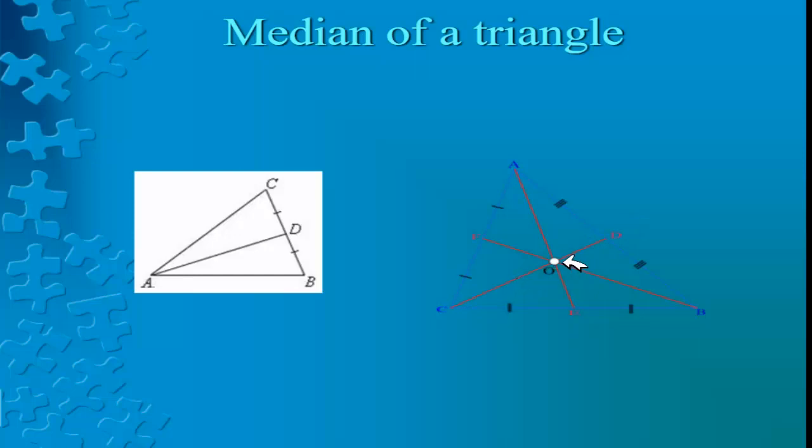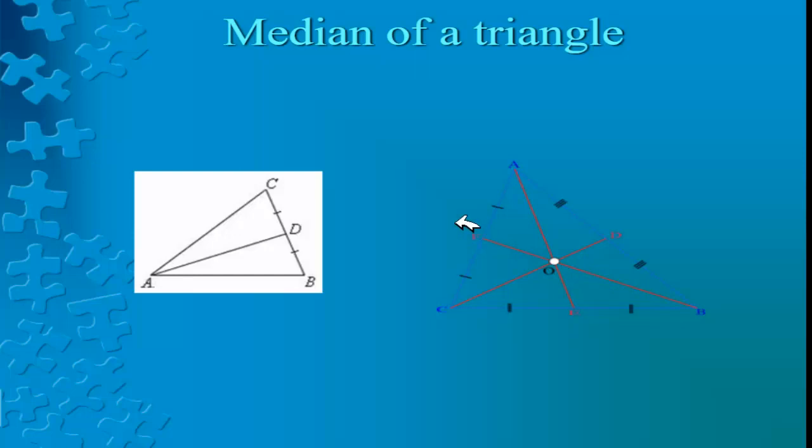And in this line segment CB, the opposite vertex is A, and the line segment from A to this midpoint is the second median. The third line is AC. The opposite vertex of AC is B, then BF is called a median.